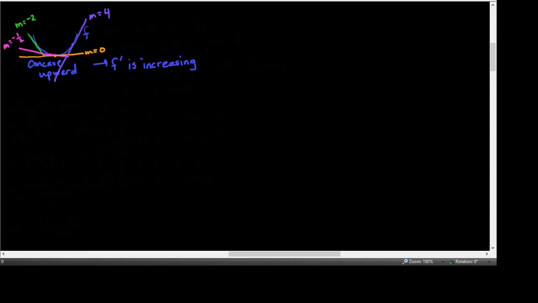And for the slopes to increase, that means that f prime, which gives you the slope, is an increasing function. And so the implication is that for something to be increasing, its derivative, so the derivative of the first derivative, will be positive.